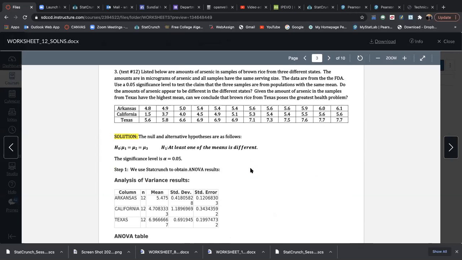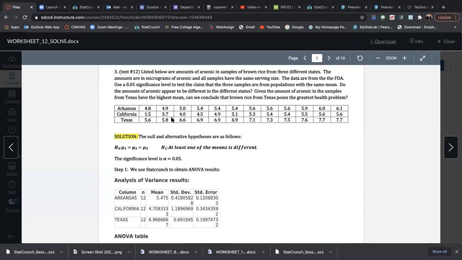Our next problem, number 12 in your textbook, states the following. Listed below are amounts of arsenic in samples of brown rice from 3 different states. The amounts are given in micrograms, and these are micrograms of arsenic. And you know that arsenic is a highly toxic substance. All samples have the same serving size, okay?